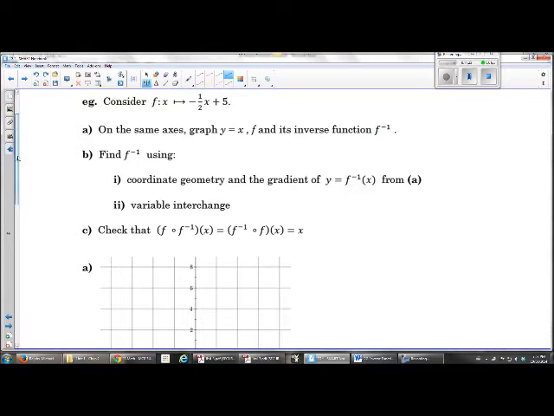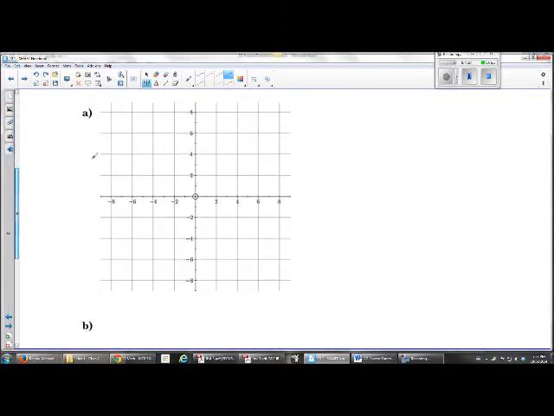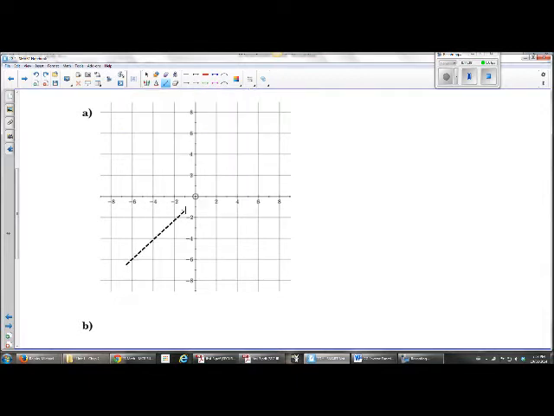First I'll start off with graphing the line y equals x. If I can do this to some degree of accuracy, that would be great. Okay, great.